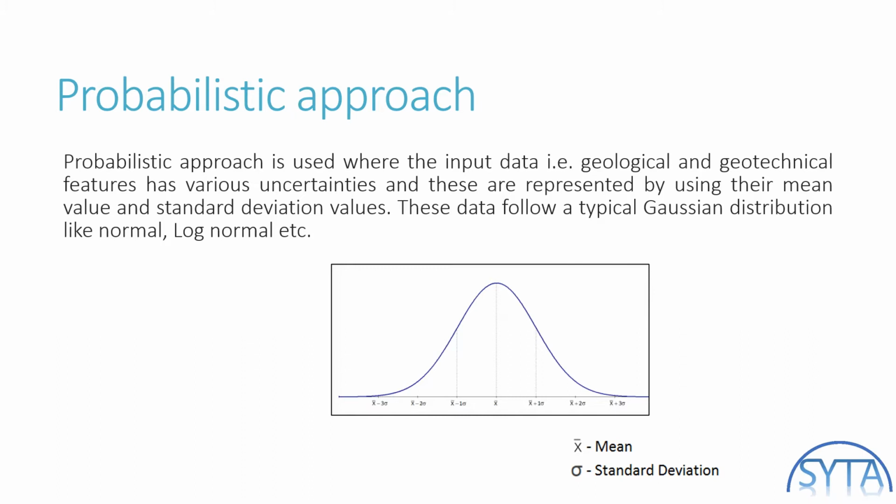So basically where we do not have any well-known values of the input parameters, there we can use the range of the values for the input data, and that data can be checked in order to see the sensitivity of various parameters. So basically these data follow a typical Gaussian distribution like a normal distribution or log normal distribution, which you can see here on the screen, like a normal distribution curve showing the distribution of various input parameters.